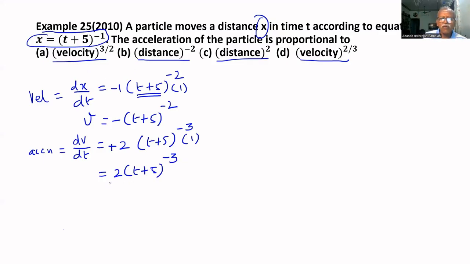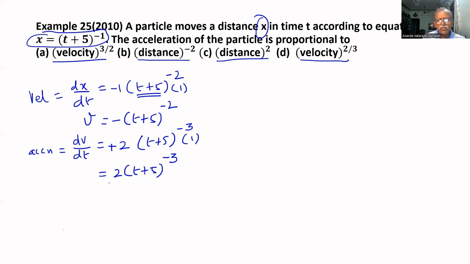it is in the form of an equation, but they are asking in terms of velocity, distance, and time. First, what is velocity? Velocity equal to minus t plus 5 to the power minus 2. But if it is to the power minus 2, then only we can put velocity here.